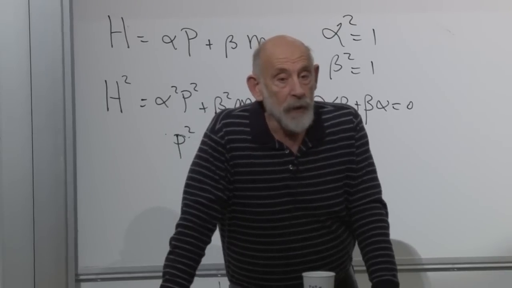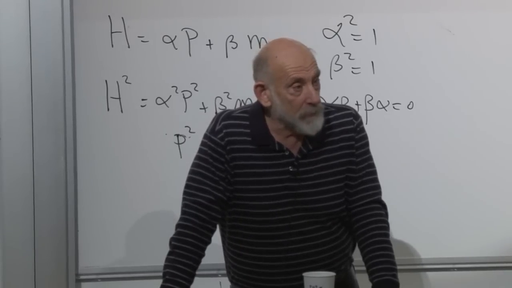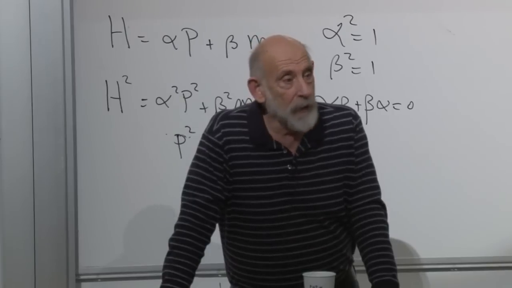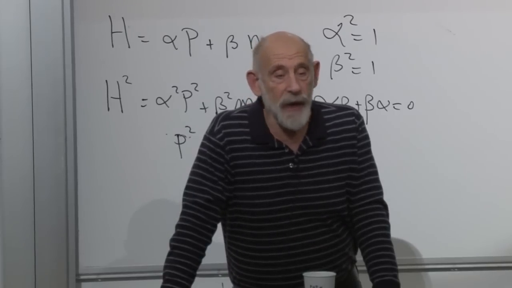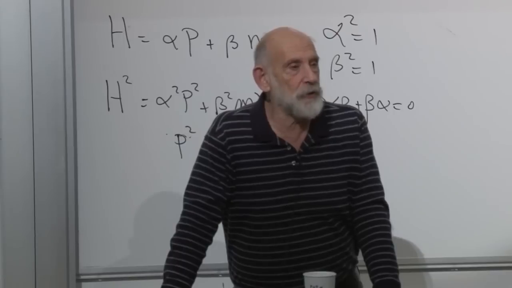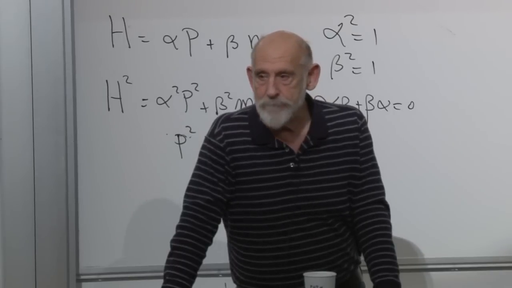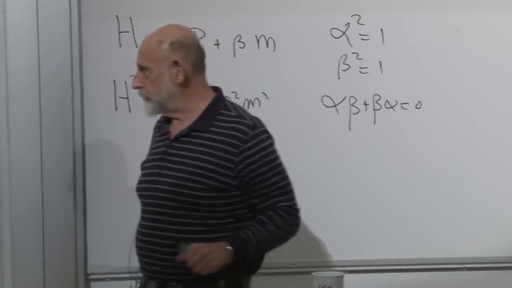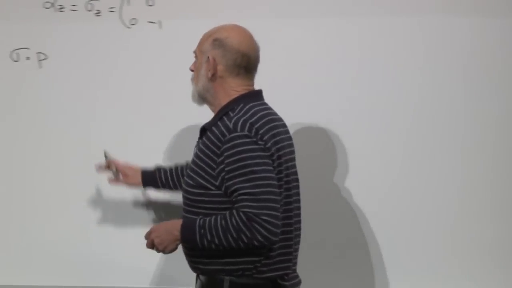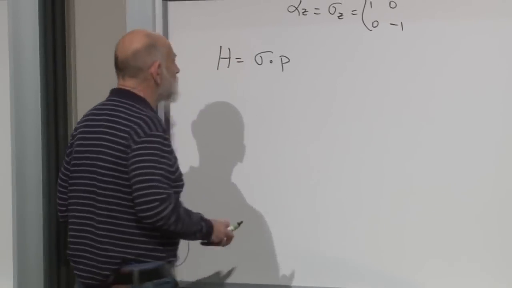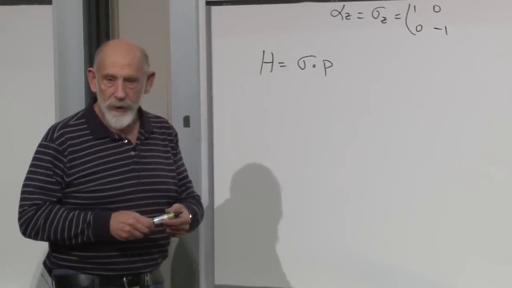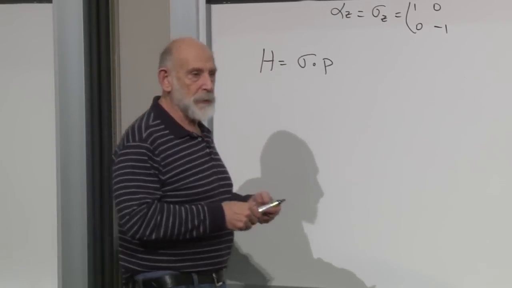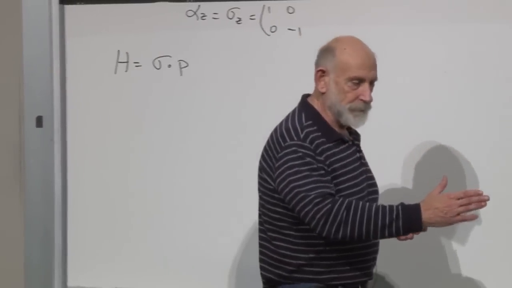Okay? Good. So it's a massless particle, but it has the odd behavior that its spin is always, well, let's go back. Okay. Sigma dot p. Its energy is proportional to the component of its spin along the momentum direction.